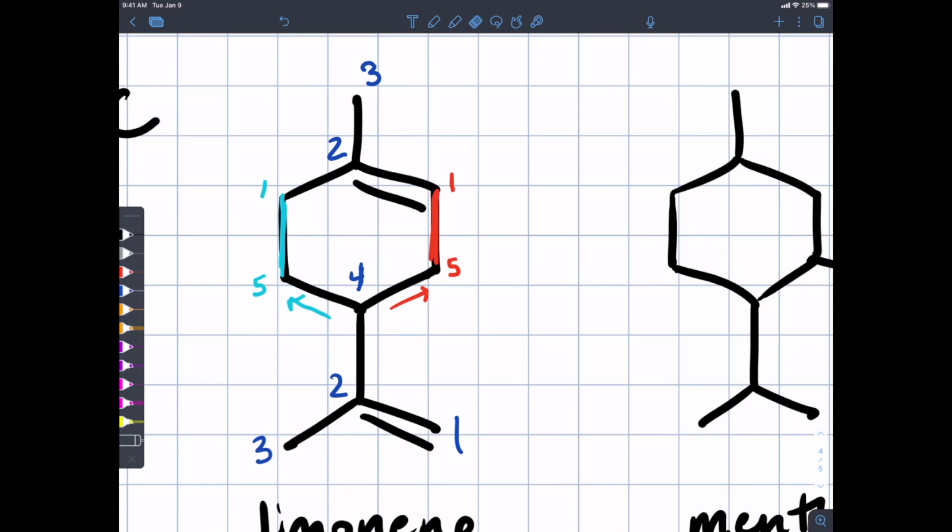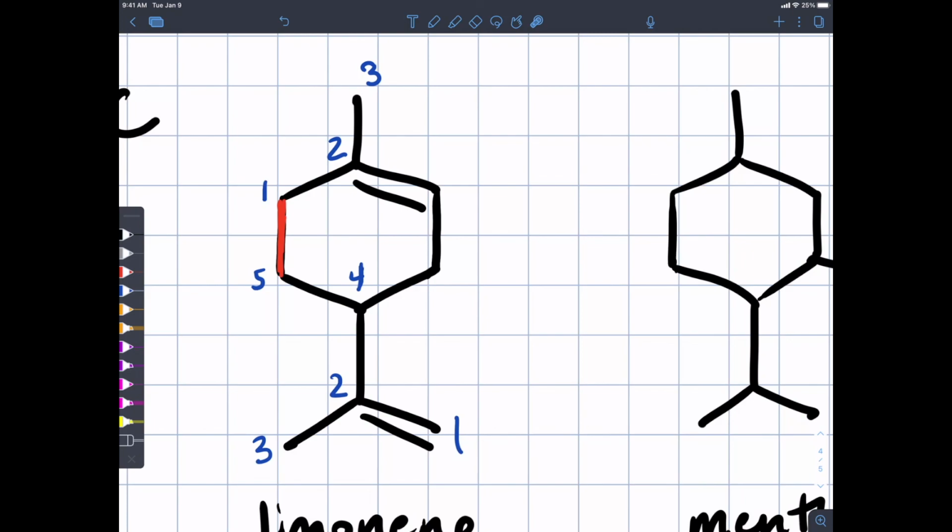The one that makes the most sense in terms of what the accepted synthetic route is for us to call this carbon 5 and this carbon 1. And usually it doesn't matter if you do it the other way. Usually doing it the other way, you can draw a reasonable mechanism there.